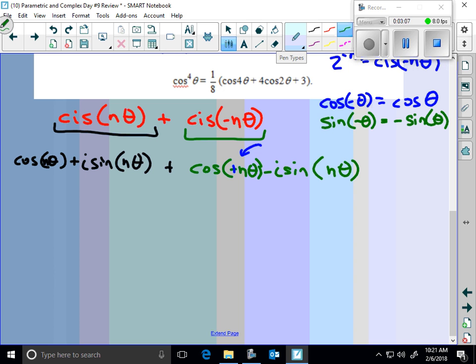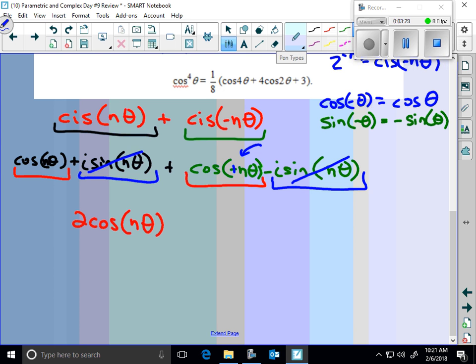The angle becomes positive, but the value becomes negative. And then when I add these two together, I have cosine n theta plus cosine n theta, which is 2 cosine n theta. And then I have positive i sine n theta and negative i sine n theta, which cancel.